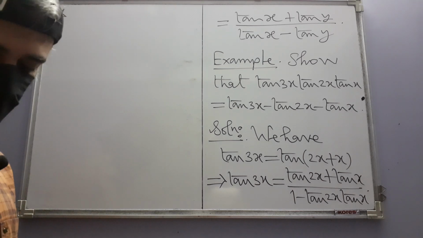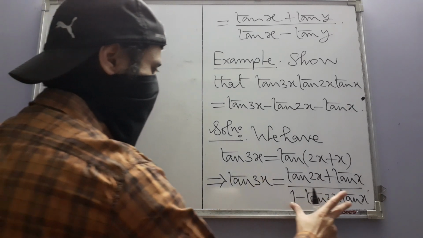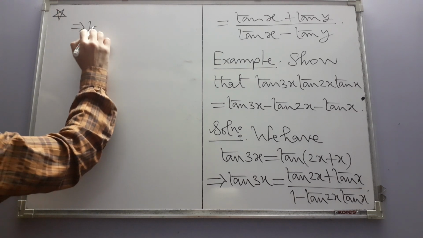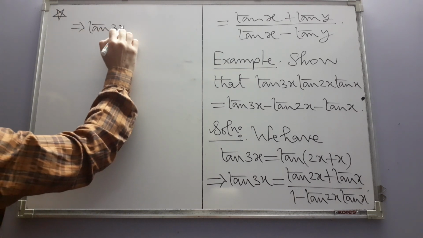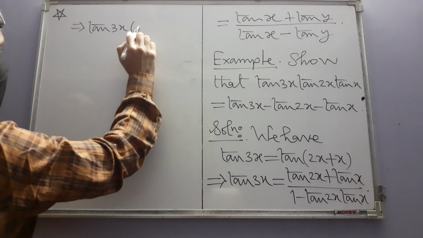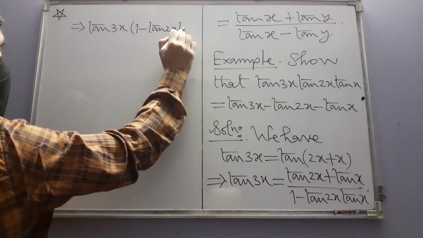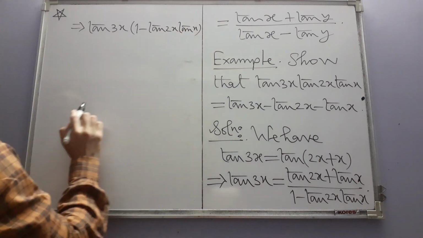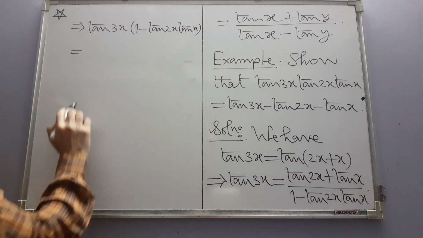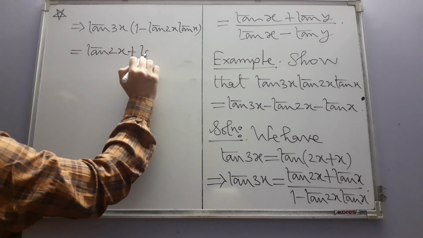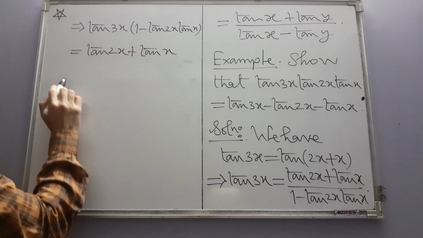So if we simply multiply both sides by this, then we get tan 3x times 1 minus tan 2x tan x, and the right hand side is simply tan 2x plus tan x.